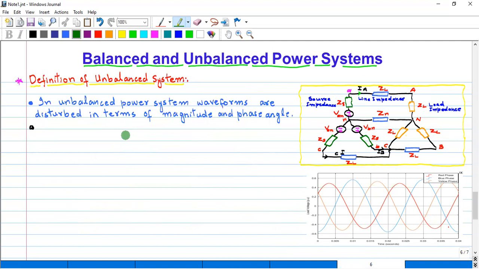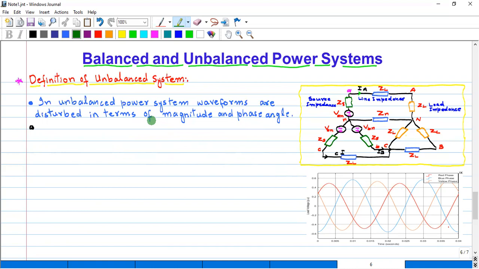So the first most important parameter of the unbalanced system is that in an unbalanced power system, waveforms are disturbed in terms of magnitude and phase angle, as you can see here in this figure. The magnitude of this wave or this phase is more as compared to the other two phases.